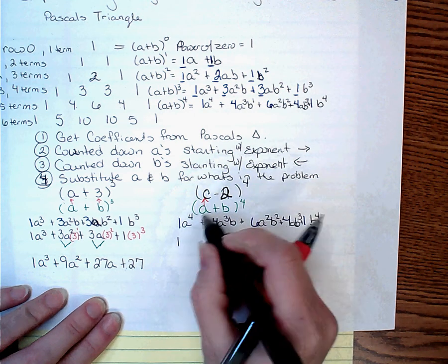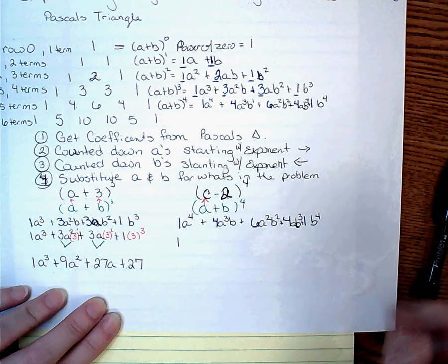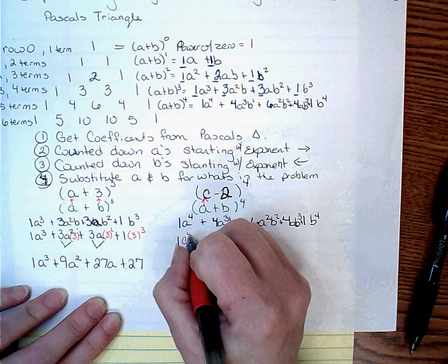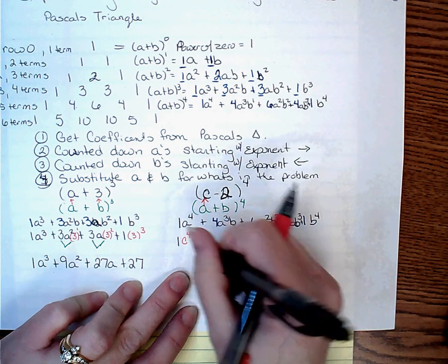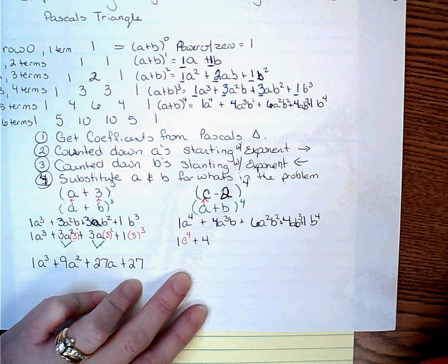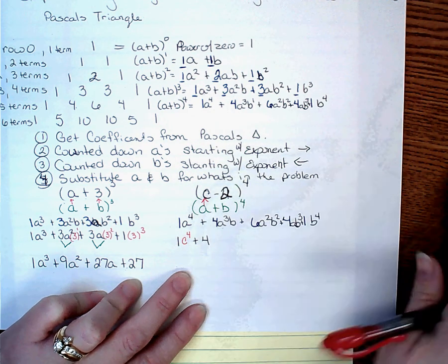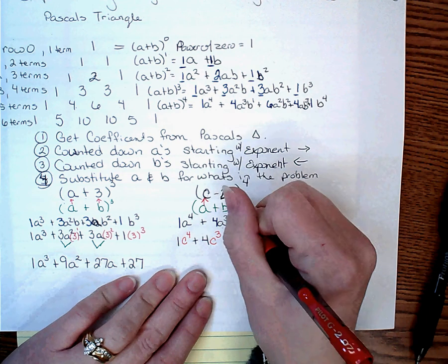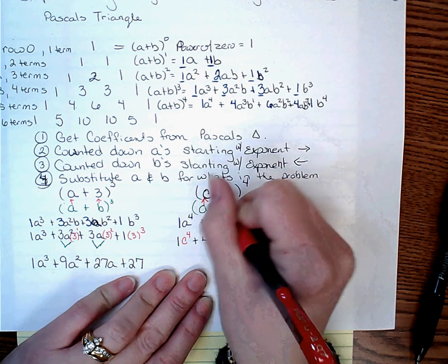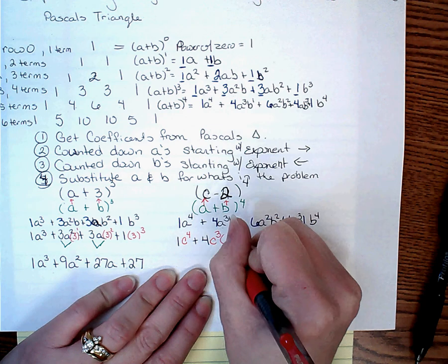A is C, so I'm going to replace it with C, and it's C to the fourth. Bring down the plus sign. Then we have the 4. A is C again, so this is C to the third. But my B value this time, don't forget the negative, is negative 2. So this is times negative 2.